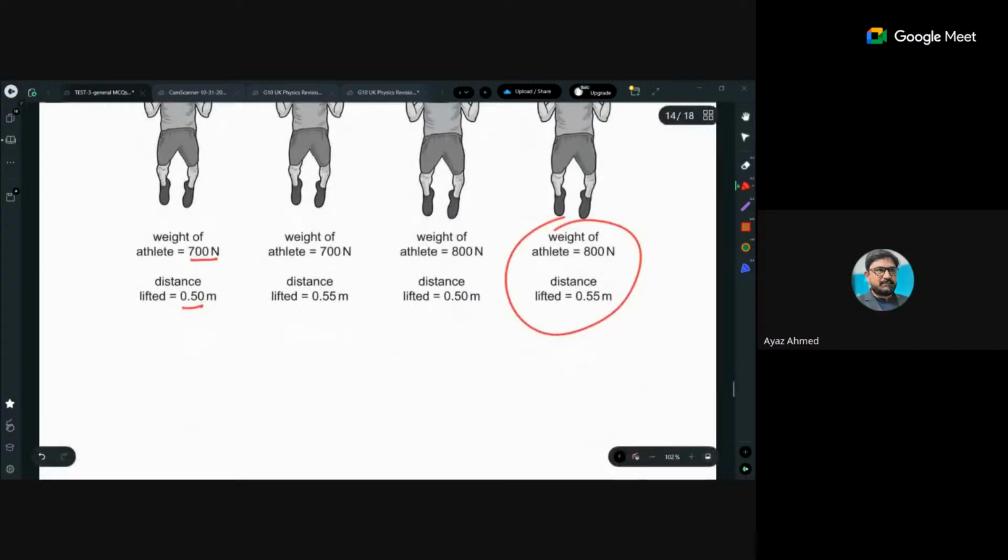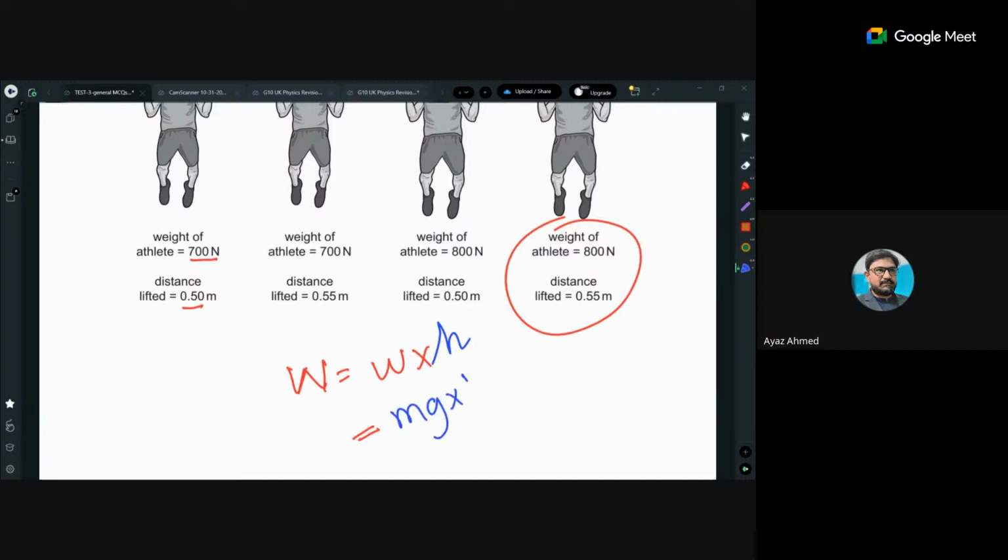Because you know, work is equal to weight of the athlete into value of H, because weight is mg into H. So mg is combinedly given to you.